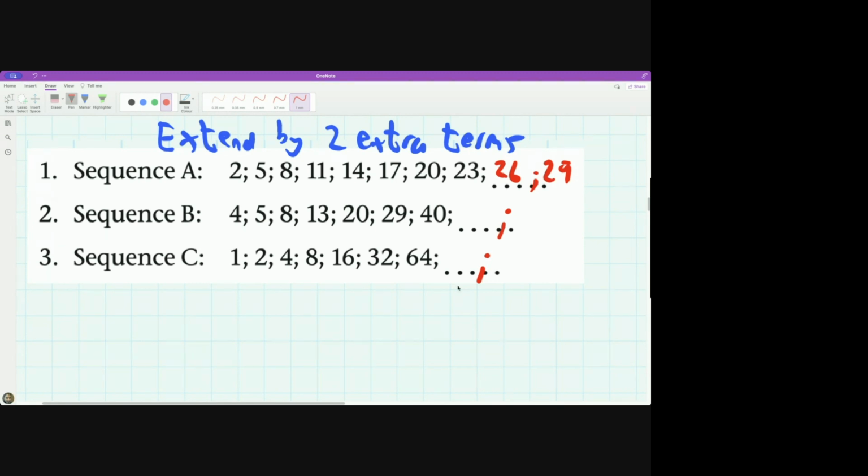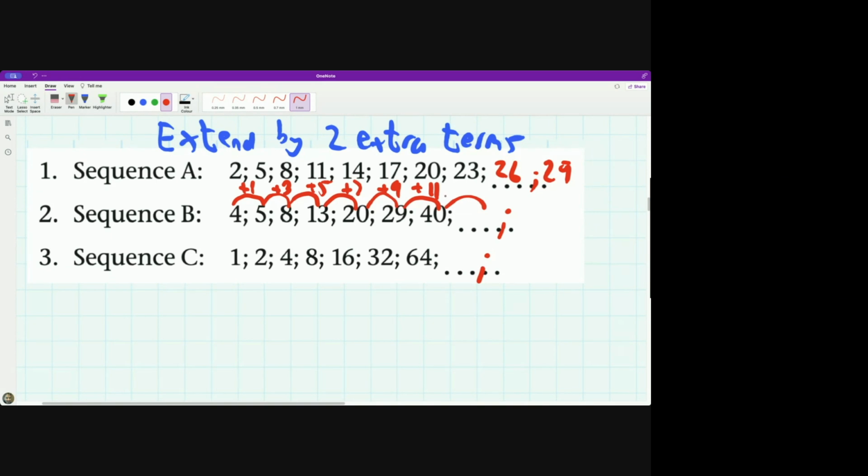Okay, we need some friendly help here. Who's going to help us out? How do we know? I can't go up in 3s, but I'm seeing that this goes up by 1, this goes up by 3, this goes up by 5, this goes up by 7, this goes up by 9, this goes up by 11.